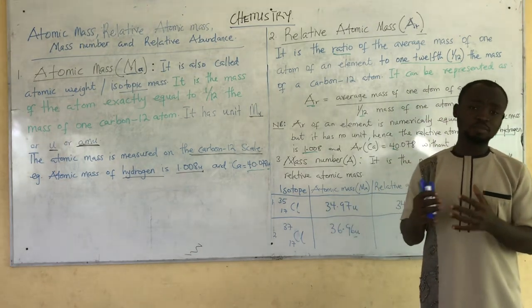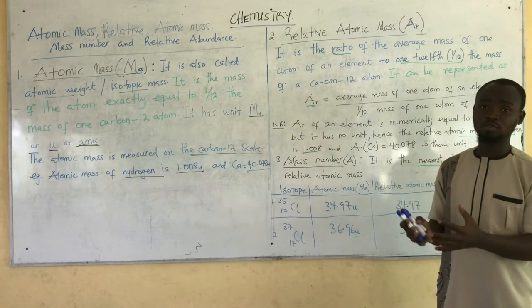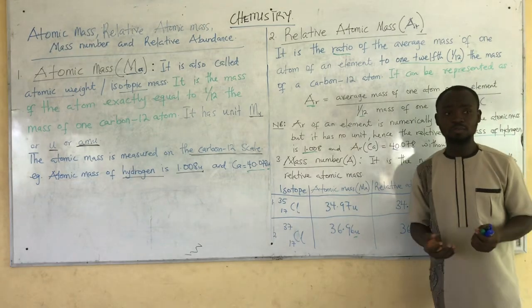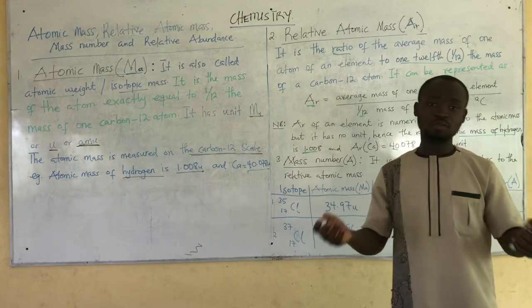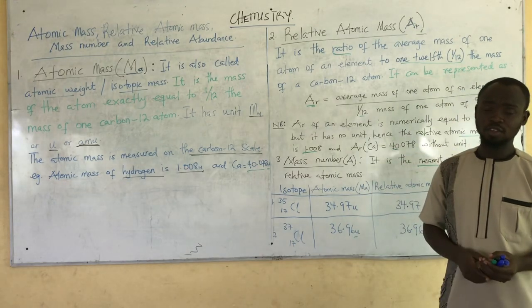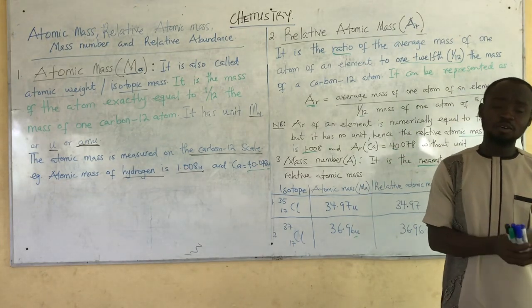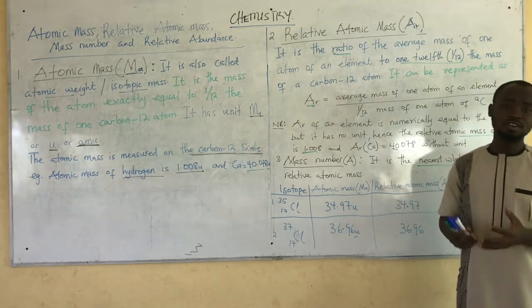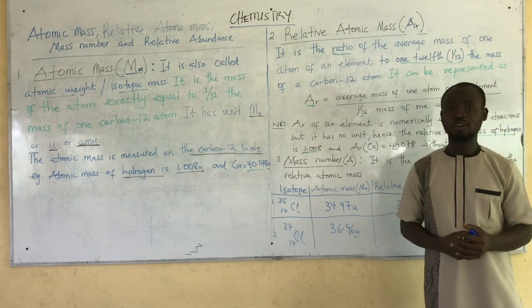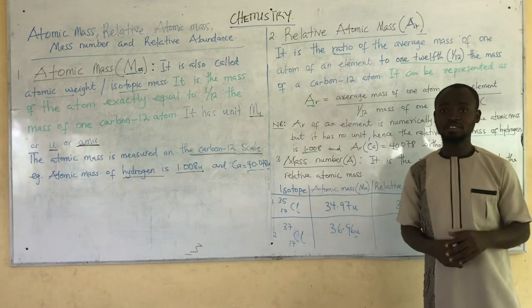It is the most stable element, so scientists use carbon-12 as the reference scale to enable them to measure the masses of all the atoms or elements on the periodic table. So the mass of one atom of an element is compared to 1/12 the mass of one atom of carbon-12, and that is the reference scale.